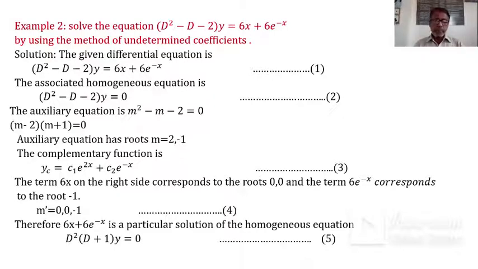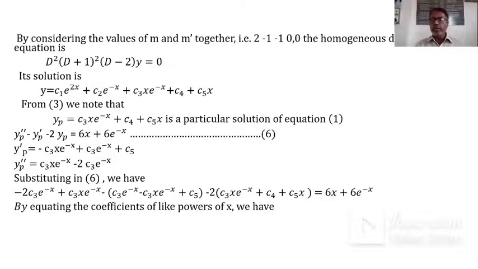Since 6x plus 6 e to the power minus x is a particular solution of this homogeneous differential equation 5, if we operate d square into d plus 1 on 6x plus 6 e to the power minus x, this becomes 0. Therefore, we operate this operator g of d, meaning d square d plus 1, on both sides of our equation 1. Therefore, we get d square d plus 1, again d plus 1 d minus 2 of y is equal to 0.